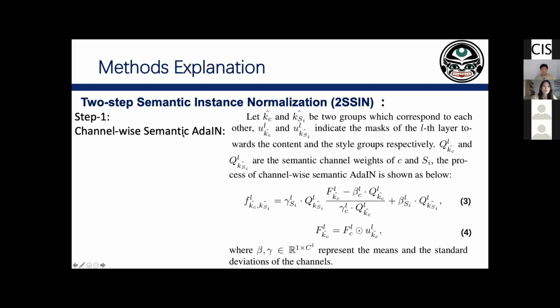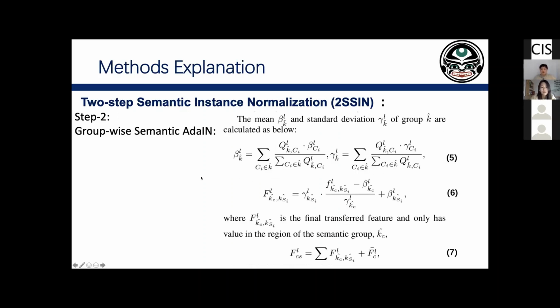The two-step semantic instance normalization module includes two steps. Step 1 is channel-wise, where we align the statistics between the content and style image channel by channel. This is pretty like the normal adaptive instance normalization, and the channels with higher weights contribute more to the representation of semantic objects.